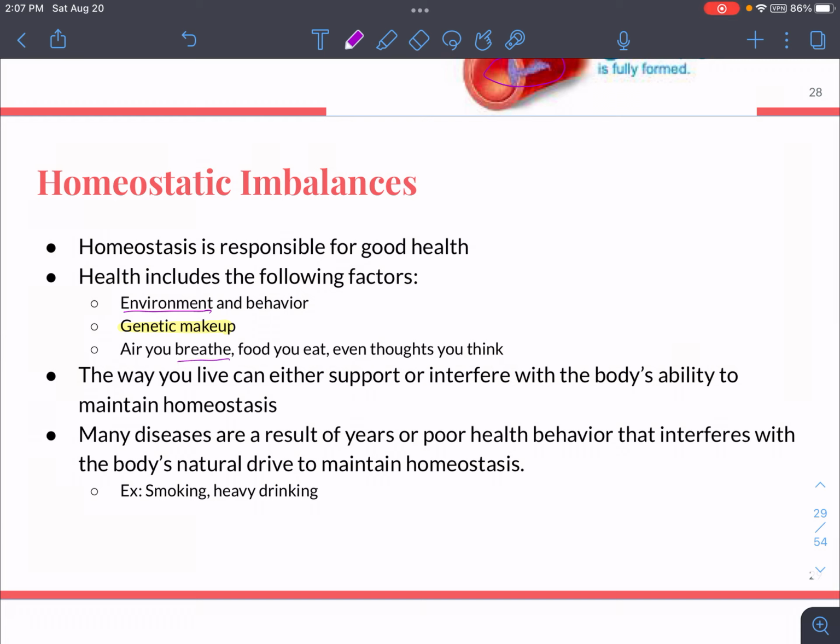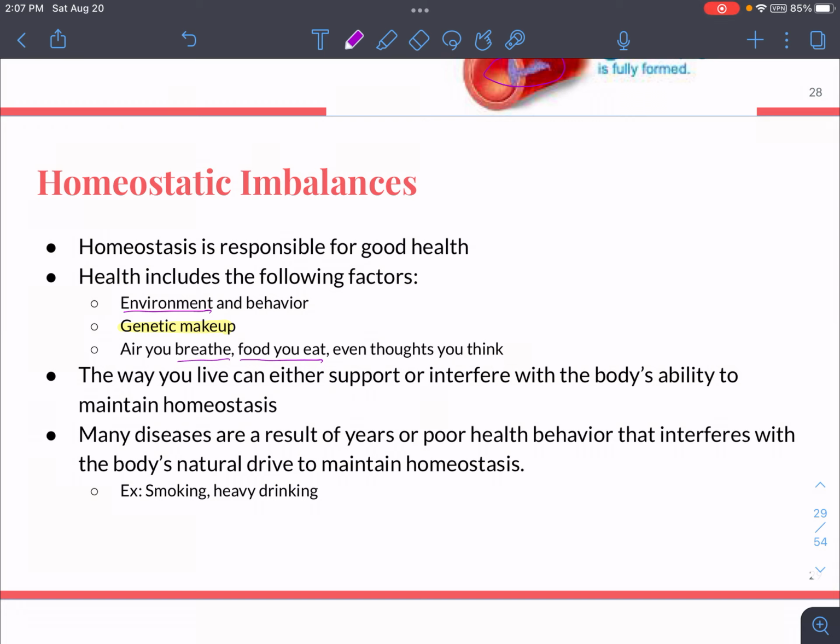You're breathing in clean air, eating healthy foods, even the thoughts you think. If you're constantly thinking negative thoughts, that affects your health. If you're thinking good, happy thoughts, that helps improve your health. So something to think about, because trying to even just come up with one positive thing a day helps change your whole outlook on life after a while.